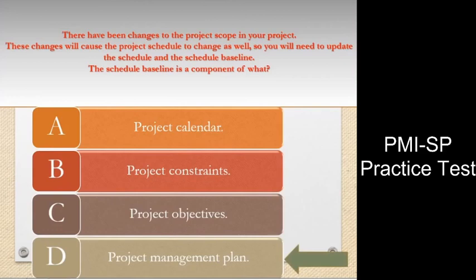Answer D. Explanation. The schedule baseline is a required component of the project management plan. Project management plan is a formal, agreed document that defines how the project is executed, monitored, and controlled. It may be summary or detailed and may be composed of one or more subsidiary management plans and other planning documents.